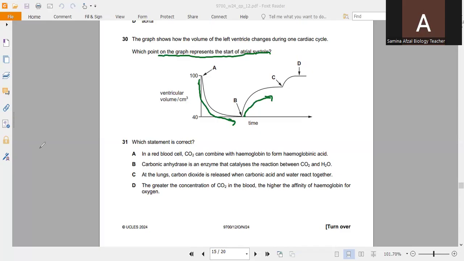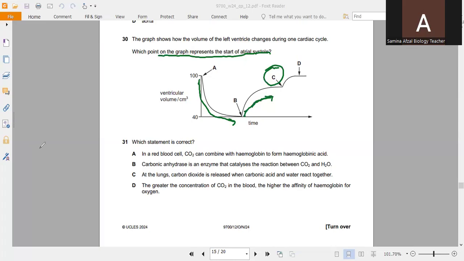A very close point to this: you can see ventricular diastole starts at B and ends at C. When the diastole is ending, at the same time there should be atrial systole. So the closest point from B is C. So C is the correct option in this case.